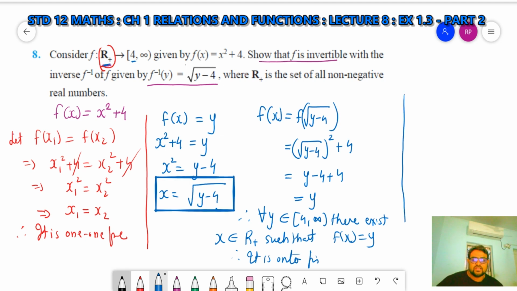And what we got from this? As it is 1-1 and onto, I will say hence it is invertible.